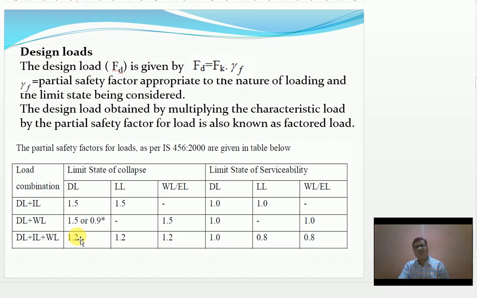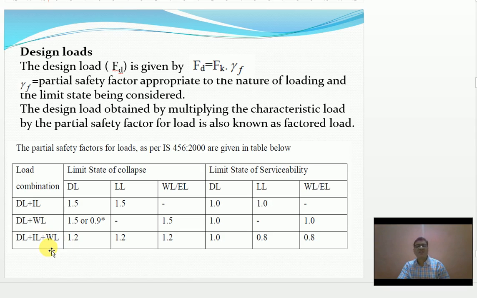Here some combinations are given. The first row is dead load plus imposed load, the first load combination, in which the load factor is 1.5 for both, and at working or serviceability condition it is 1 only. When we consider dead load plus wind load, 1.5 must be multiplied by the dead load and 0.9 is to be multiplied by the wind load.